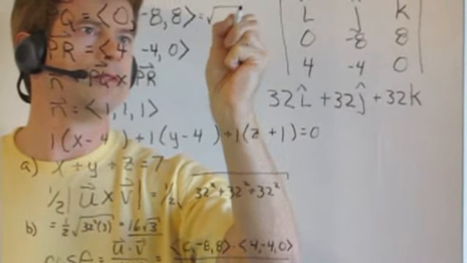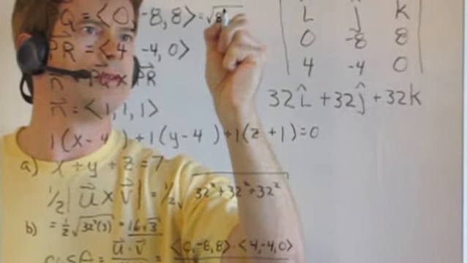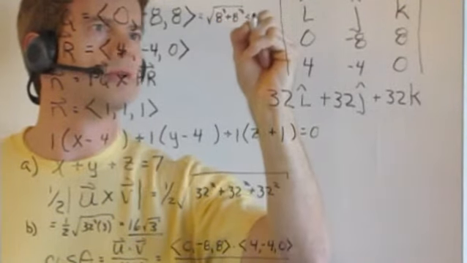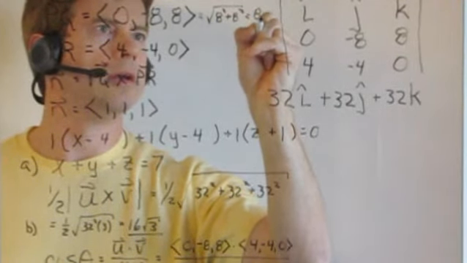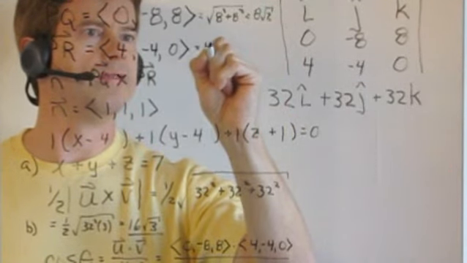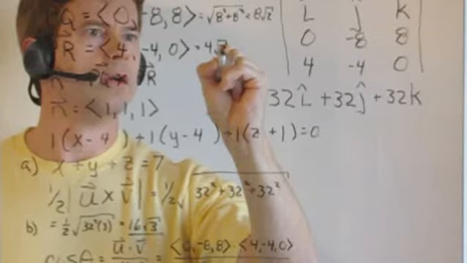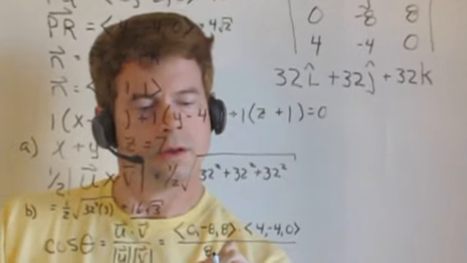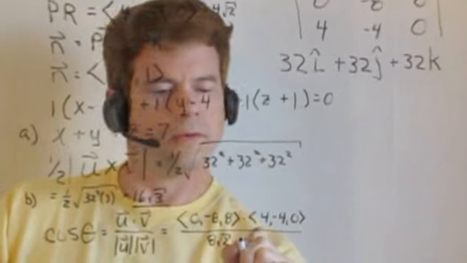We're just talking about square root of 8 squared plus 8 squared equals 8 root 2. Same with this. It's going to be 4 root 2. 8 root 2.